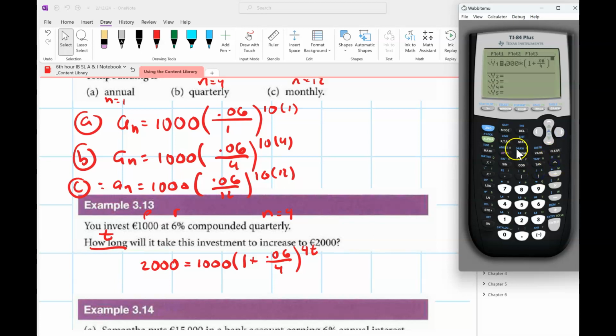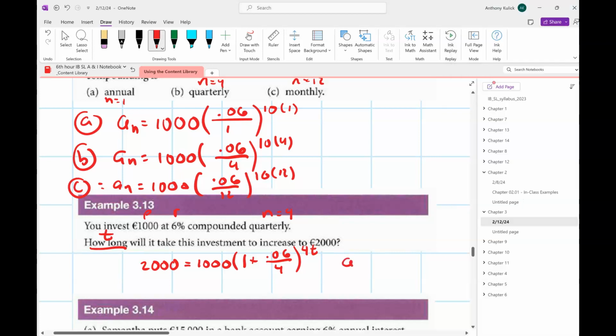And if I press second and graph, it'll give me a table of values. And I can just scroll down and see when does it tip over. So I would say after year 11 or something. Is everybody okay with how I did that?